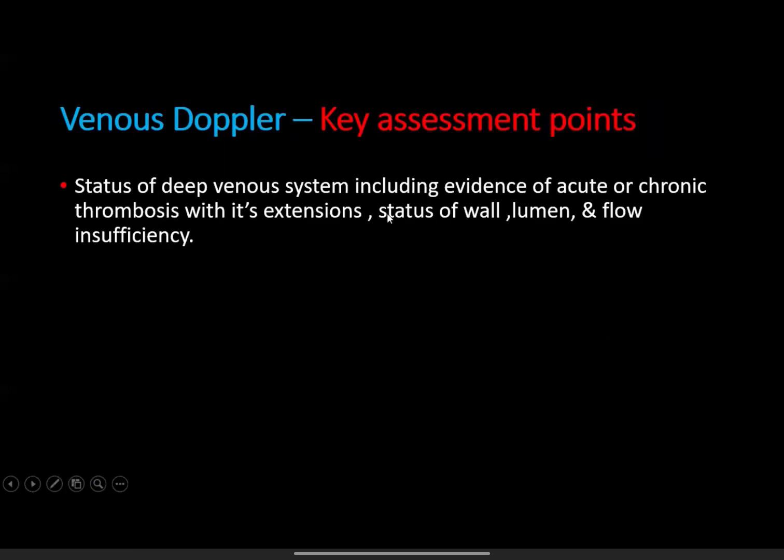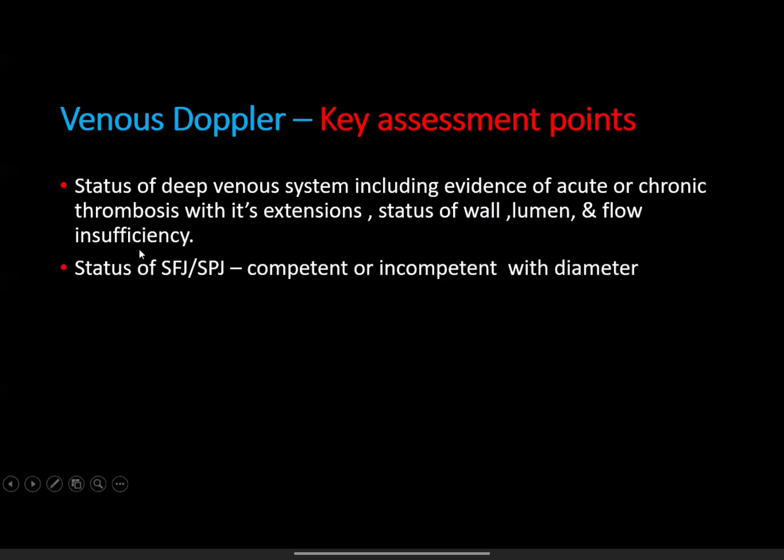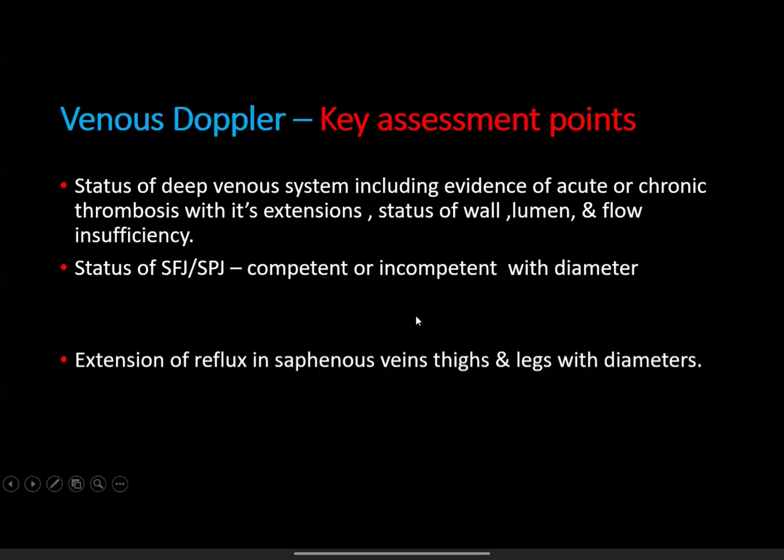So the key assessment points are: we have to assess the status of the deep venous system, including evidence of acute or chronic thrombosis, its extension, status of the wall, lumen, and flow insufficiency. Status of the saphenofemoral and saphenopopliteal junctions, whether they are competent or incompetent, with their diameter.